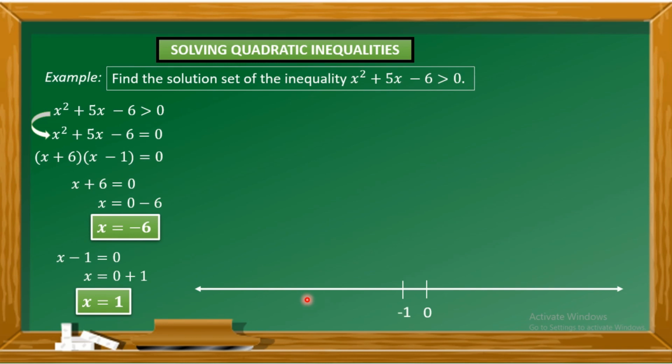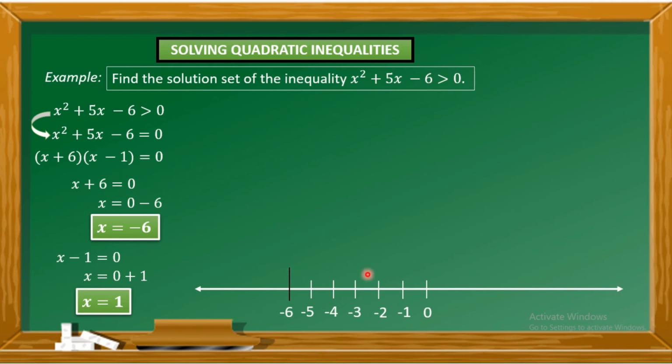So this one is negative 1. Next, negative 2, negative 3, negative 4, negative 5. And then the boundary, negative 6. That is our boundary because that is the value of x in this equation. I color it black to emphasize the boundaries.